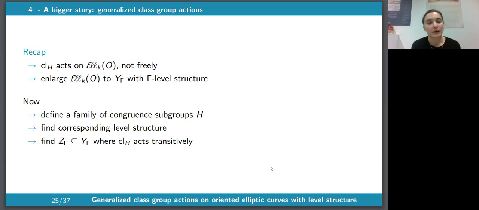Now, I would like to define a family of congruence subgroups, find the corresponding level structure in order to have a well-defined and possibly free action of such generalized class groups, and show you that there is a subset Z_gamma of Y_gamma where the generalized class groups corresponding to such a family of congruence subgroups act transitively as well.